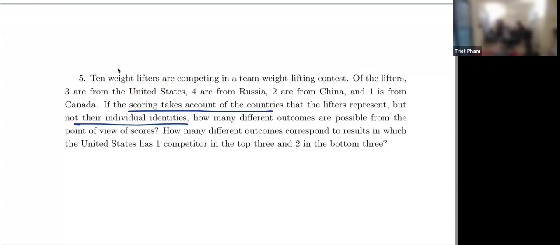So exactly, this is 10 choose 3, 4, 2, and 1.